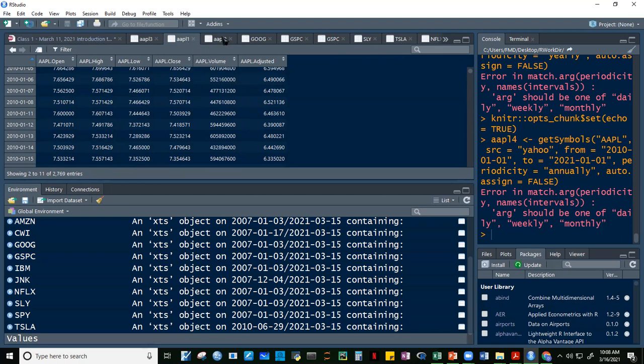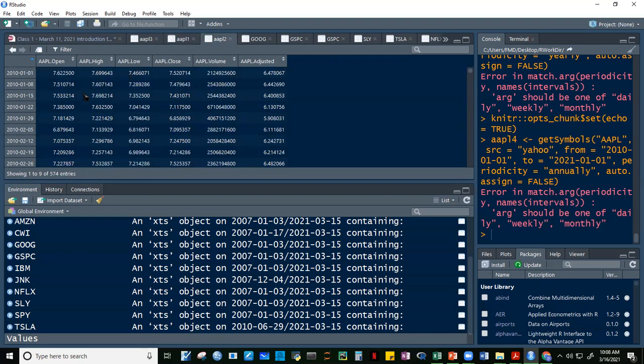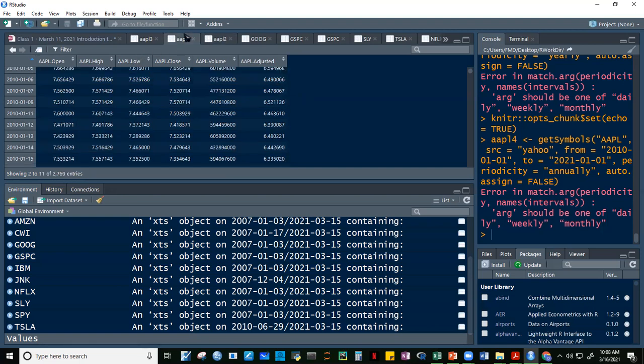7.3525, yung pareho sa low, no? Pero sa high, magkaiba. Sa adjusted din, 6.400853. Sa adjusted, iba din, no? Okay, so I haven't really, guys, tried to investigate that.